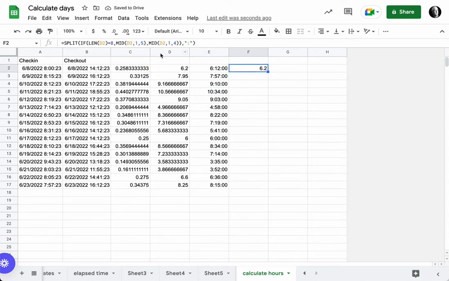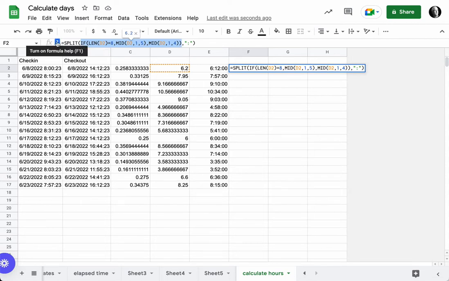So if D2 is equal to 8, then what we want is to use the mid function on D2, starting at 1 and going 5 across, so 1, 2, 3, 4, 5. Else, if it's not equal to 8, then we'll do D2, start at 1 and go 4.